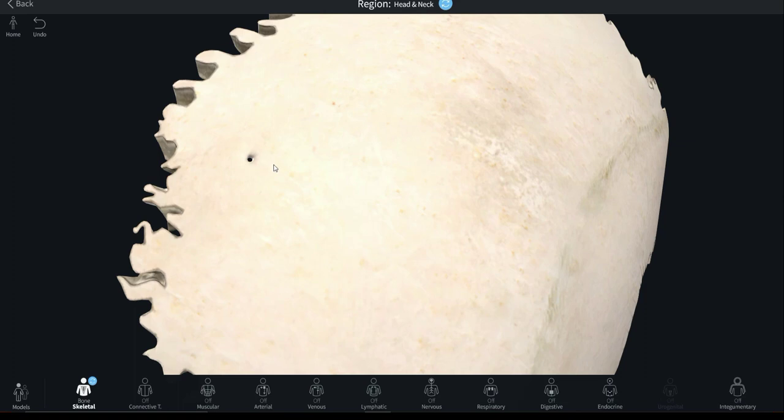So the emissary veins are connecting the veins of the skull itself and the superior sagittal sinus, which we will be talking about in just a moment. So this is the parietal foramen. It allows the passage of the emissary veins, and what did I say? Yes, the meningeal branch of the occipital artery, right?